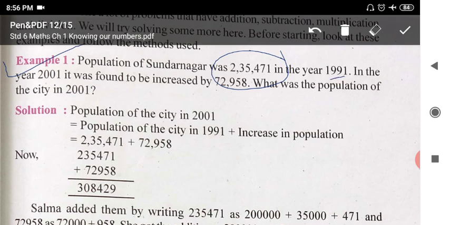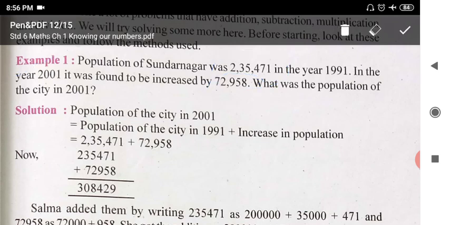Now in the year 2001 it was found to have increased by 72,958. So what was the population of the city in 2001? So here the population of two different years is given.